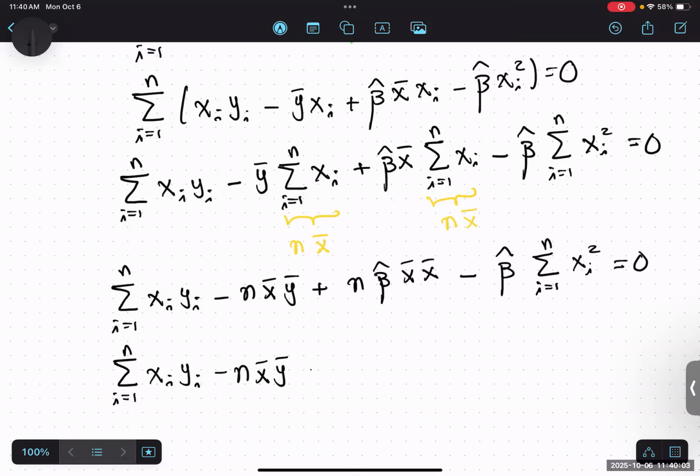I will just re-express first as follows. I'm gonna add beta hat the summation of the xi squares and subtract n times beta x bar squared. Okay, basically I'm subtracting the third and fourth elements from the previous equation.